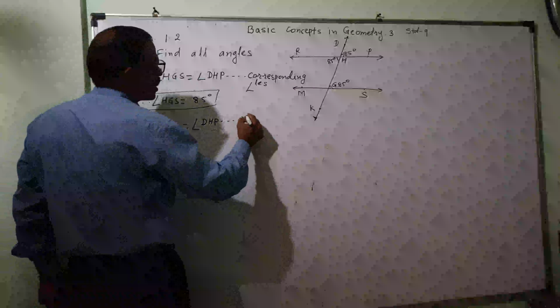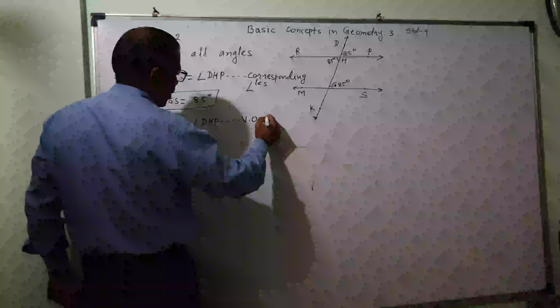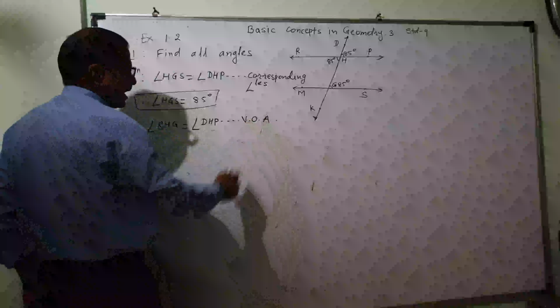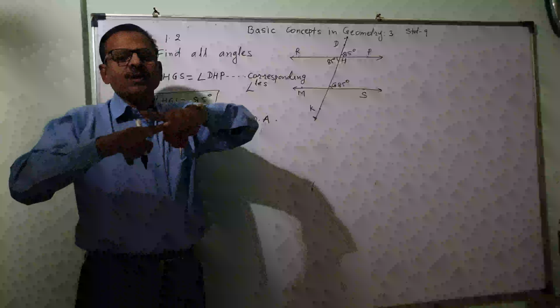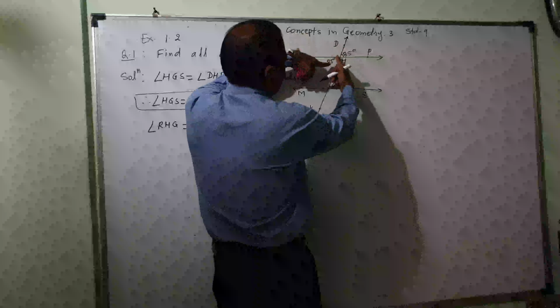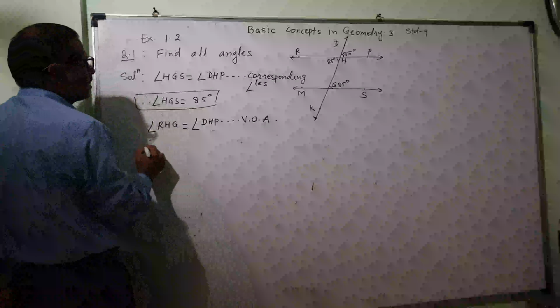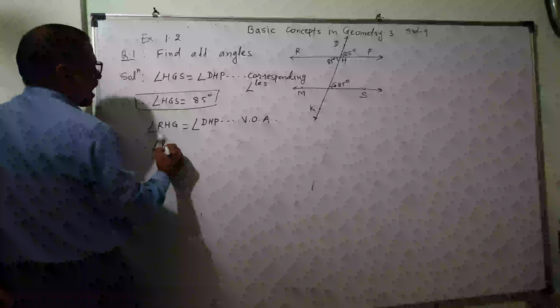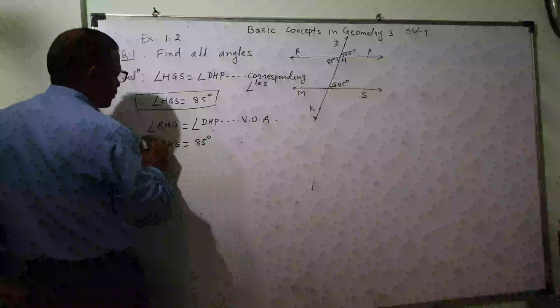Reason: vertically opposite angles, VOA. Vertically opposite angles means like this, like the scissors. One is on that side, another is on this side. See this, this is a scissor. Here and here, those are known as the vertically opposite angles. Therefore, angle RHG is equal to 85 degrees.